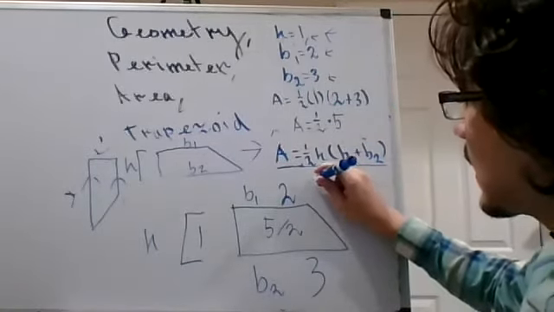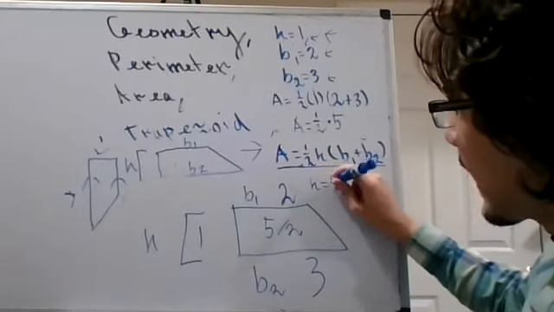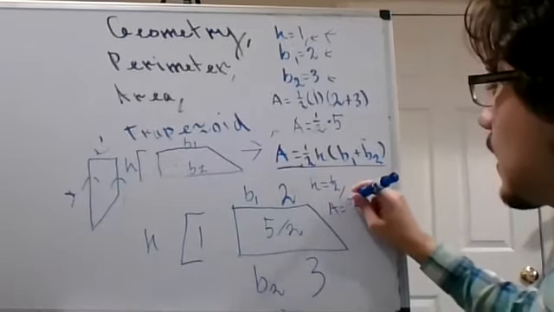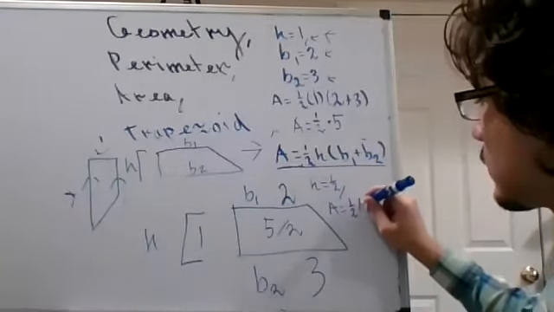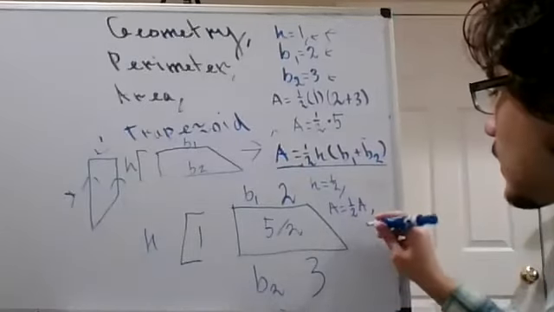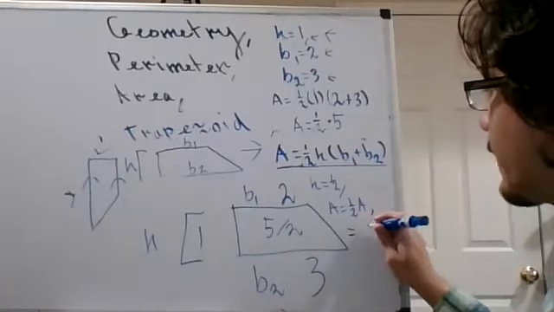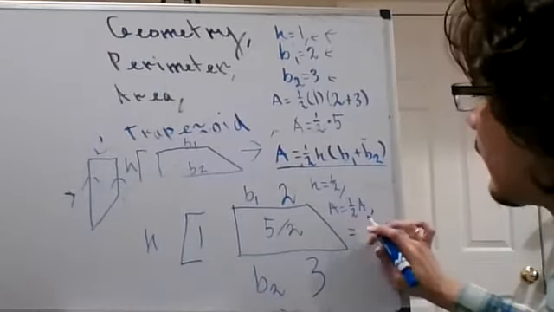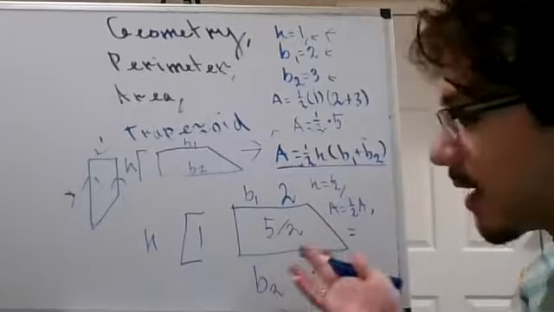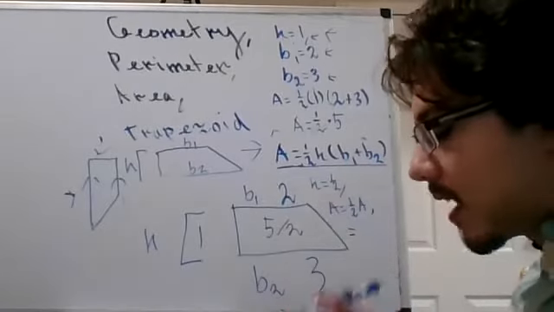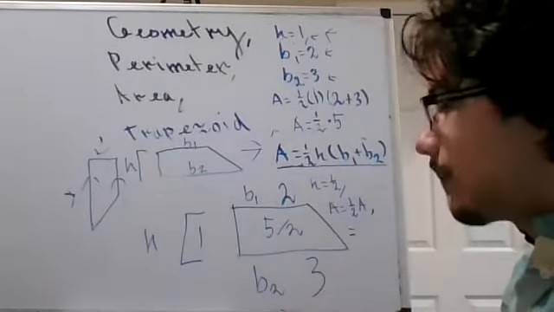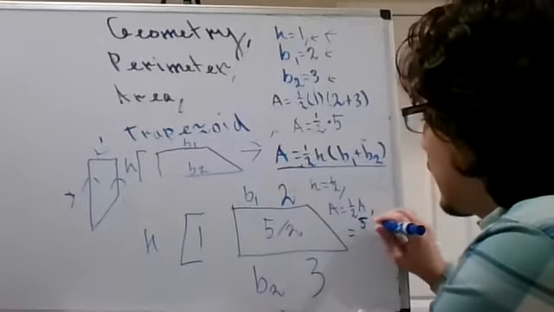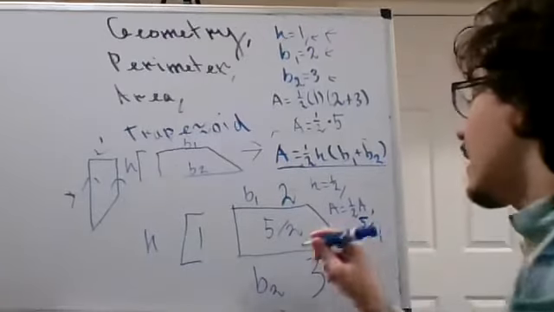So if height is 1/2, area is halved. So the new area would be 5/2 divided by 2. 1/2 of a 1/2 is 1/4. So the answer would be 5/4 instead of 5/2.